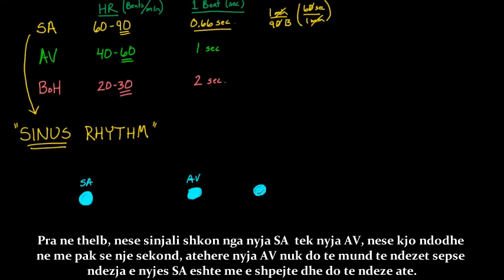So basically, if the signal from the SA node gets over to the AV node in less than 1 second, then the AV node is not going to get a chance to fire before you're already firing for it.